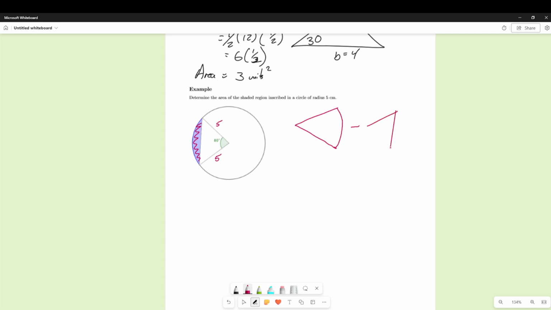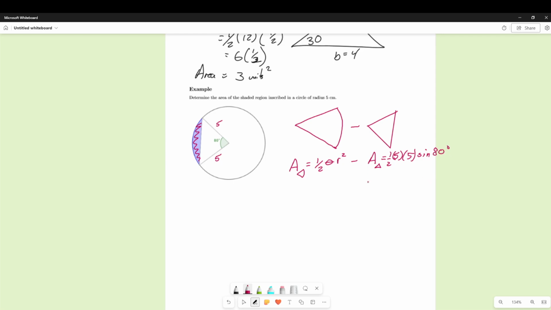Luckily, we had a tool for finding the area of sectors. The area of a sector, you may remember, was 1/2 theta r squared, minus the area of the triangle, which would be 1/2 of 5 times 5 times the sine of 80 degrees.